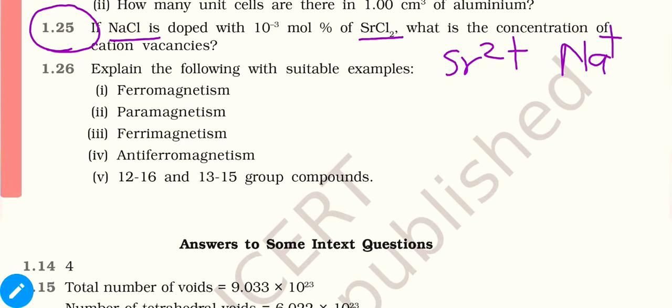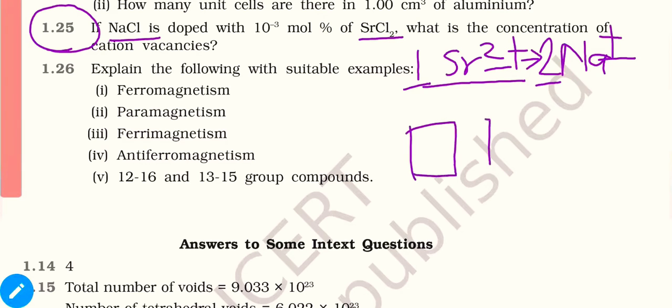That means when we add SrCl2, one Sr2 plus will remove 2 Na plus because the crystal must remain neutral. If we are adding plus 2 charge, then you have to remove plus 2 charge. So two vacancies will be created. One of the vacancies will be occupied by Sr2 plus, but the second one will remain.